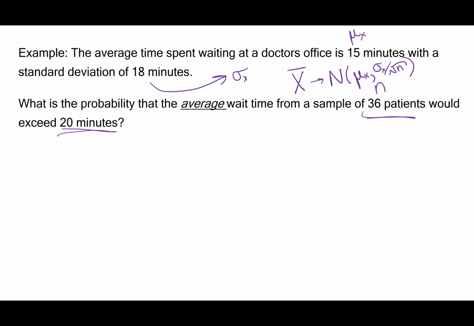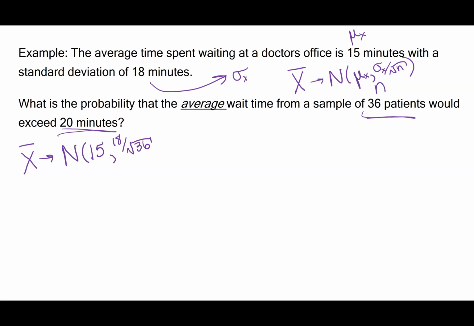So here, I'm going to say x bar follows a normal distribution. Mu is 15 minutes. And then sigma over root n, so that's going to be 18 minutes divided by the square root of 36. Well, I could just put it in here, 3.